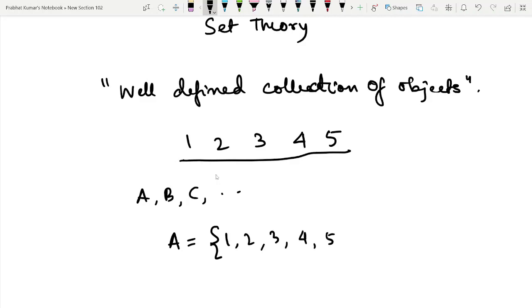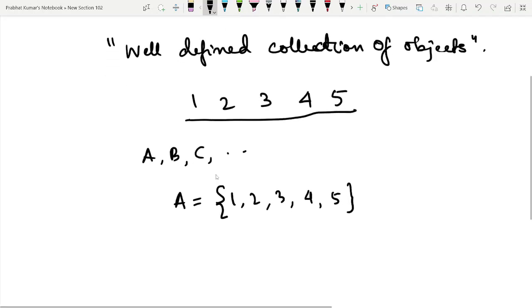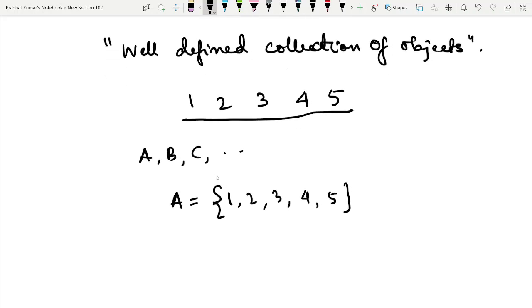This basically forms the collection which is denoted by A. These particular objects are called the elements of the set A, or the elements of A. They are usually separated by commas, and using the curly bracket we generally enclose the set.